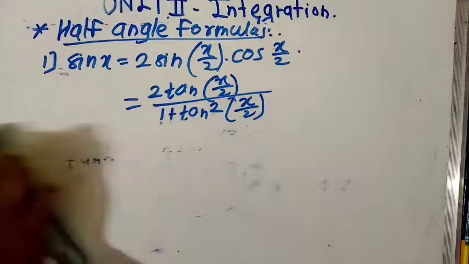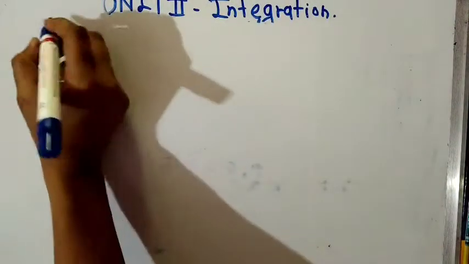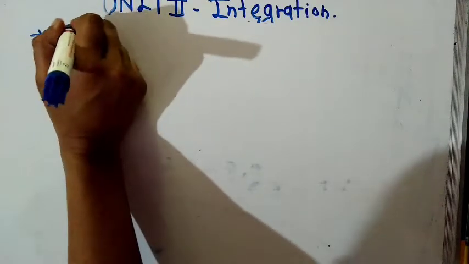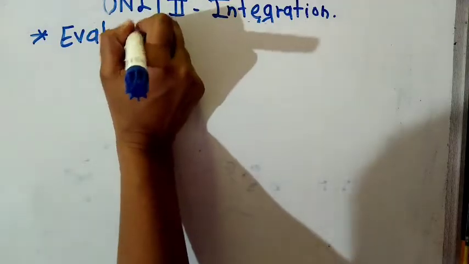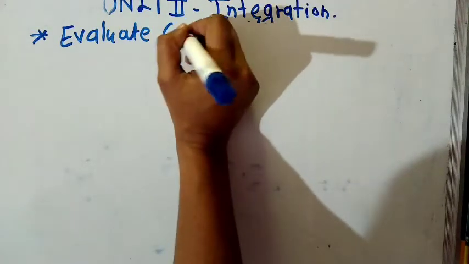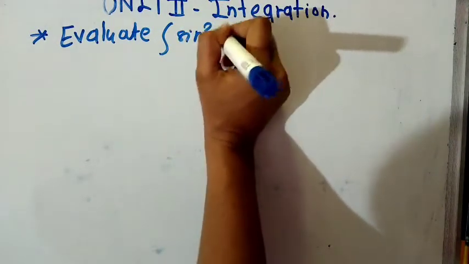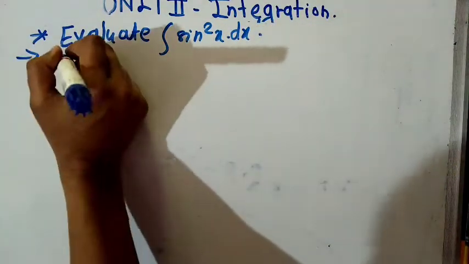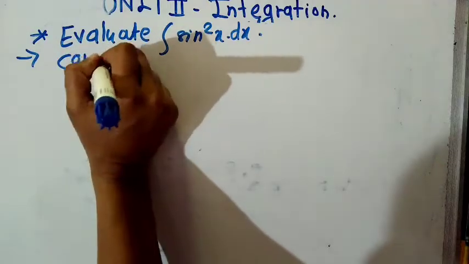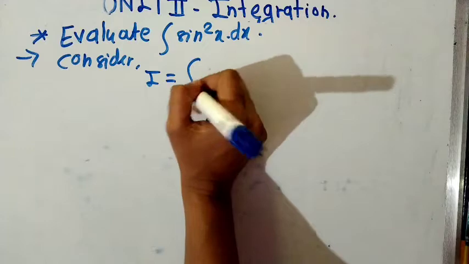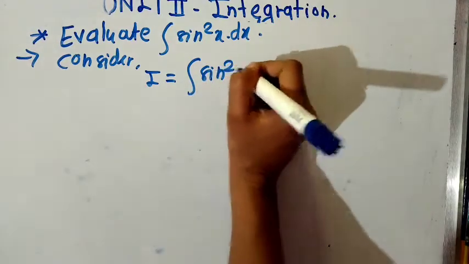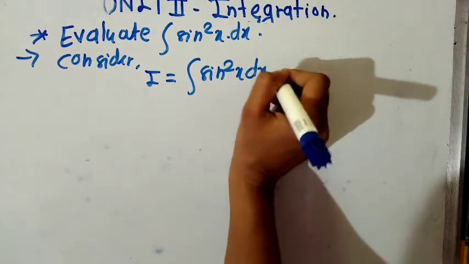Then we give the first example. Evaluate integration of sin square x into dx. So first, consider the integral I is equal to integration of sin square x into dx.